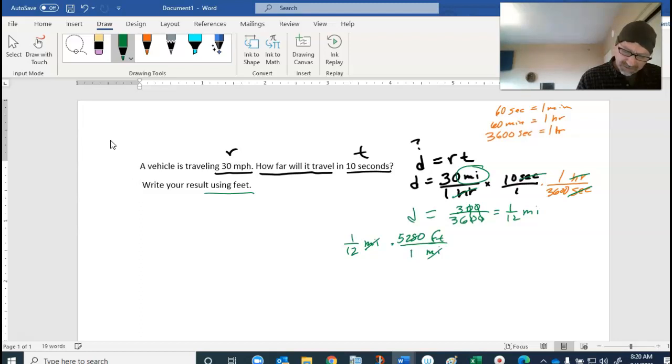So our miles can be reduced and our units will be feet, and so we'll just get 5,280 over 12. Feet, we'll simplify that. 5,280 divided by 12 is 440. Okay, there's our result.